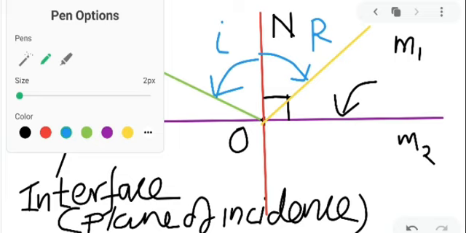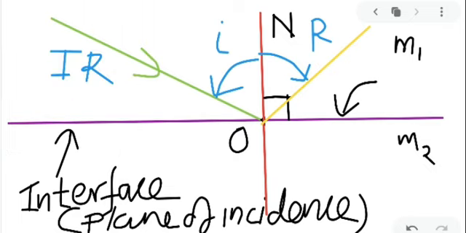If it is a transparent medium, then obviously the reflection will be less and there will be more transmission. So if say 10% or 20% is reflected, what happens to the remaining 90-80% of light?